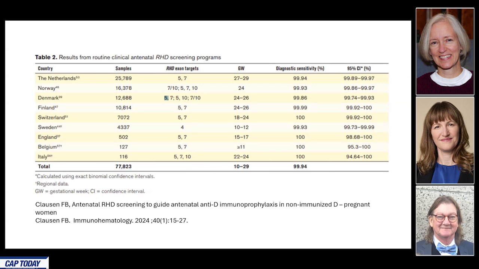They're also done at a variety of gestational ages, some as early as 11 weeks and others as late as 27 to 29 weeks and everywhere in between. But across those varied program parameters, the diagnostic sensitivity remains very high, greater than 99.9%, and the confidence intervals are very narrow. So in general, this is a very sensitive and specific test.